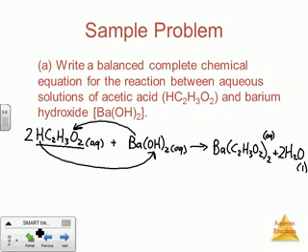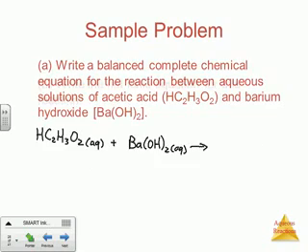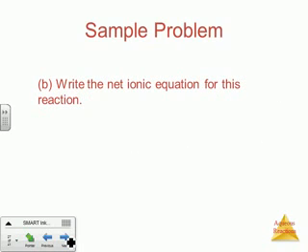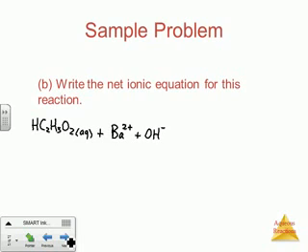So when we write this as a net ionic here, we're going to keep the acetic acid together. So we've got HC2H3O2, aqueous, plus the barium hydroxide. Now that is going to split apart into its ions, so that's Ba2 plus OH minus. And that gives us barium 2 plus on this side, because barium acetate is an ionic compound.